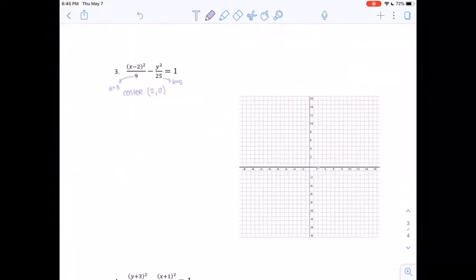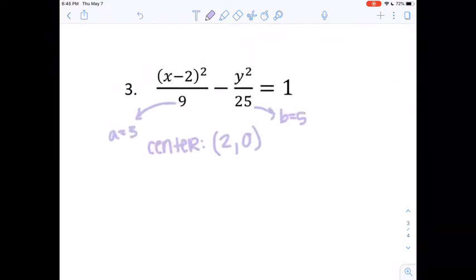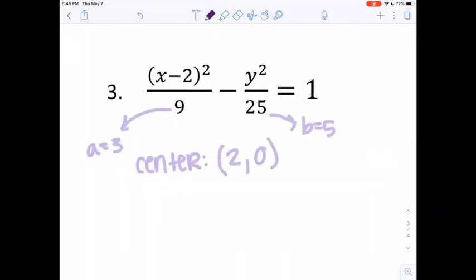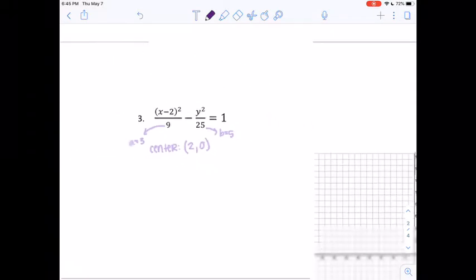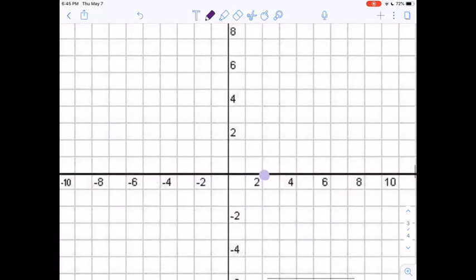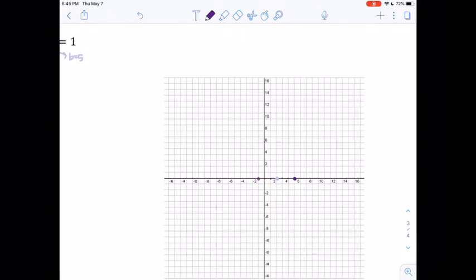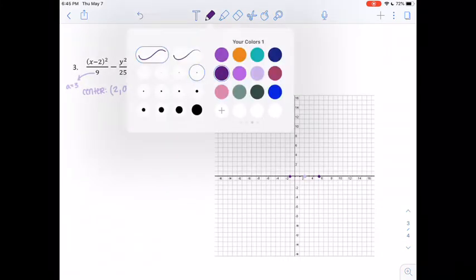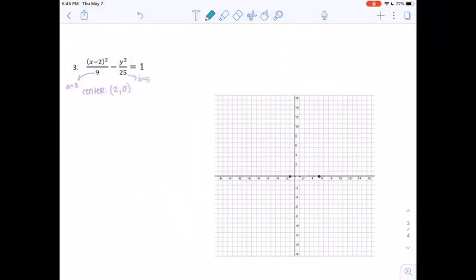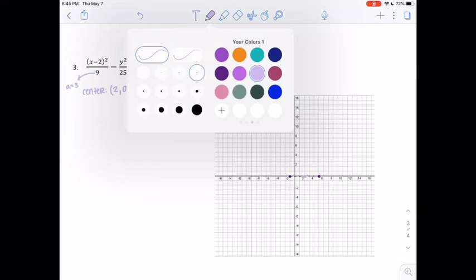And I have to count. So 3, where the 9 is under the x, so that means I'm counting left and right 3. So 1, 2, 3, 1, 2, 3. And then I have to count, let me do this in the light purple.